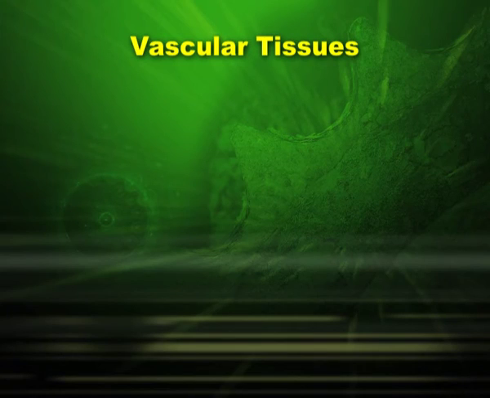Now, let us see how the bulk transport takes place. It takes place through two vascular tissues, xylem and phloem. In the xylem, the transport takes place from roots, and in the phloem from leaves.